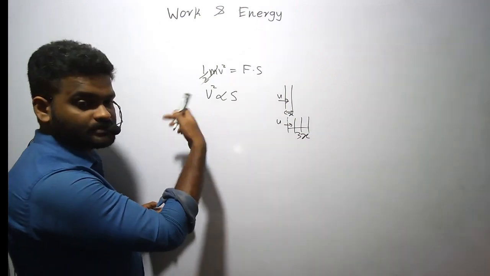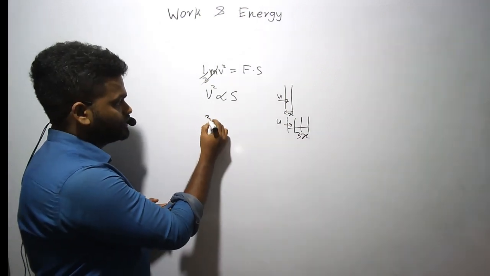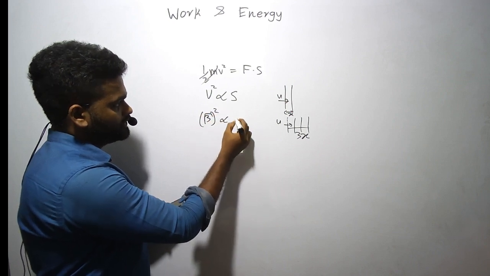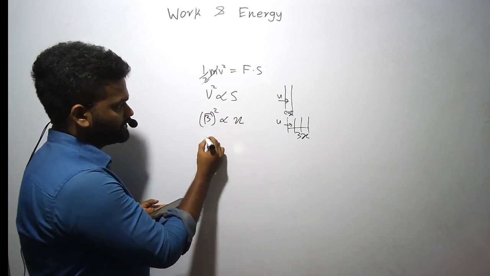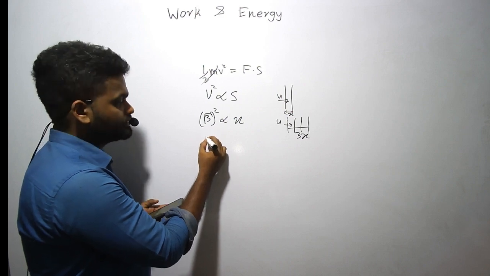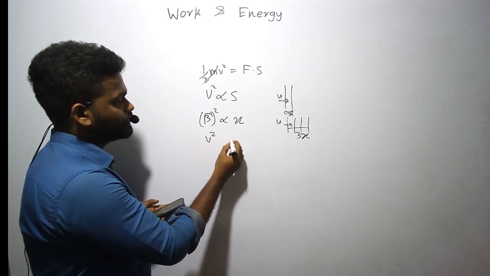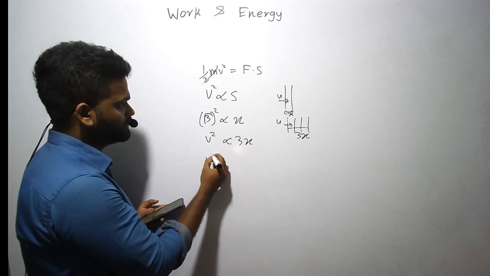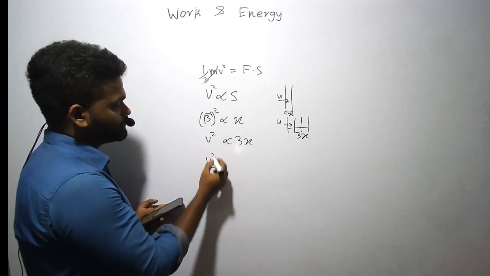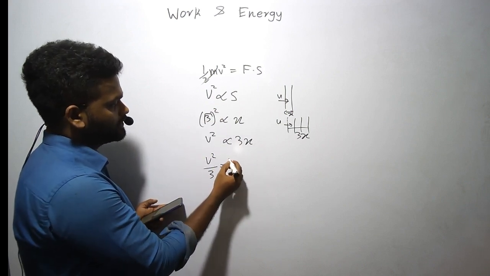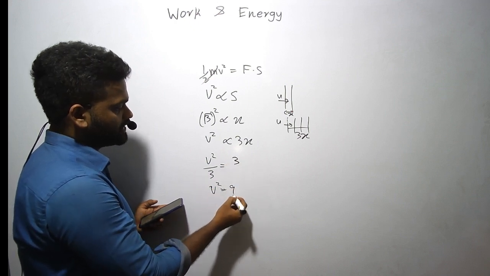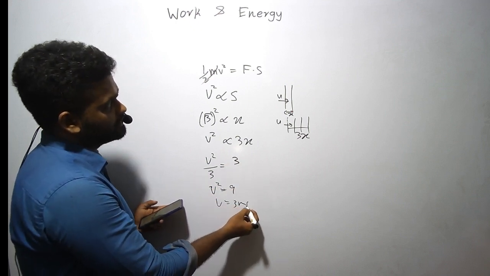Okay, so in the first case, you get root 3 squared is x. You have to find the velocity for the second case. Let's say v. v squared is proportional to 3x. Then just divide. Root 3 squared is 3. 3. v squared is 9, so v should be 3 meters per second.